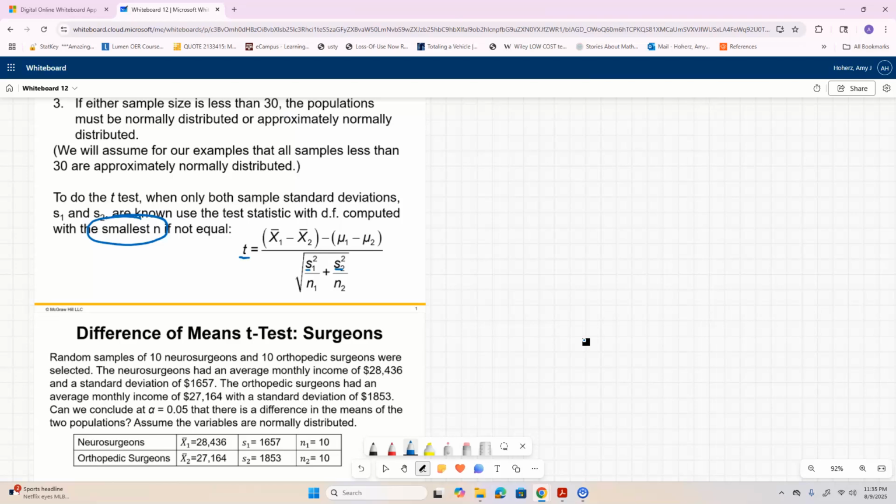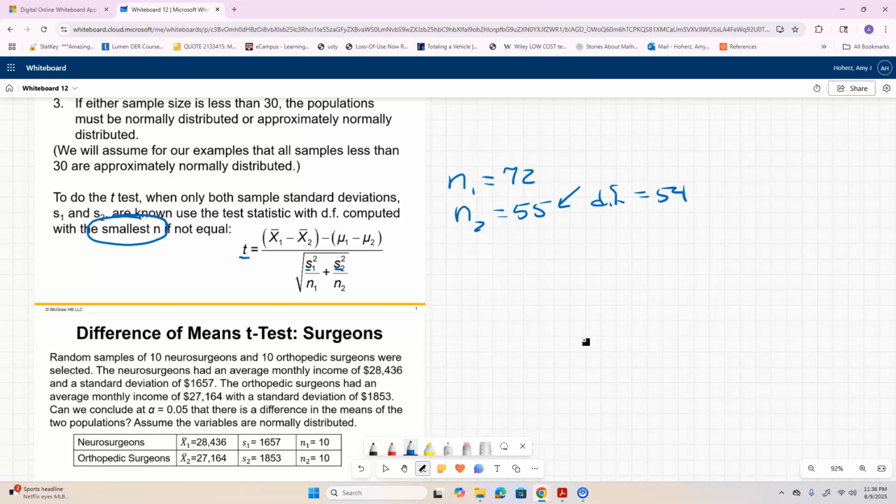So for instance, if n1 was 72 and n2 was 55, you would use this for your degrees of freedom. Your degrees of freedom would be 54. So you're going to err on the side of caution and use the information from the sample that's not as good, which would be the smaller sample, to compute your degrees of freedom.